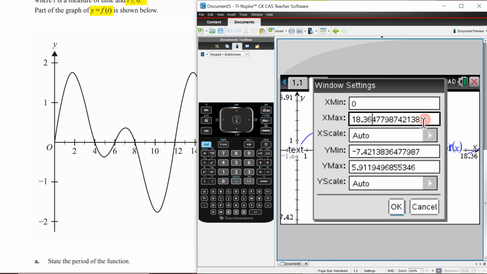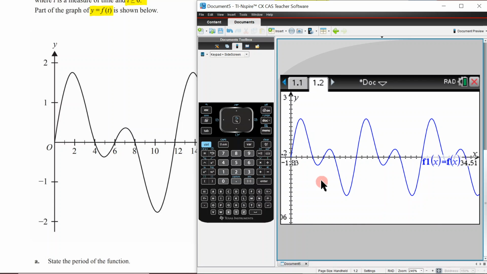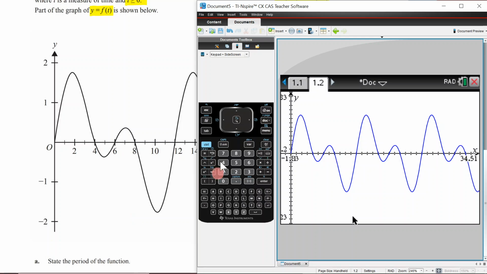My max X that I can see on my graph is 24. My min Y is going to be -2, and my max Y is going to be 2. I hit OK, and now it looks exactly like we see on the exam paper, which is what I want. It would have been fine the other way, I'm just pedantic. Okay, so now that we've got that, let us actually do the first question.